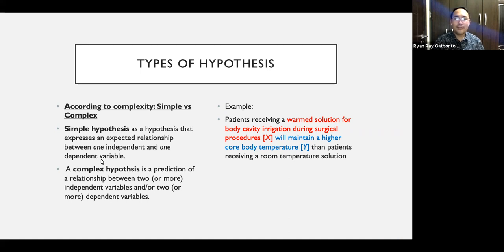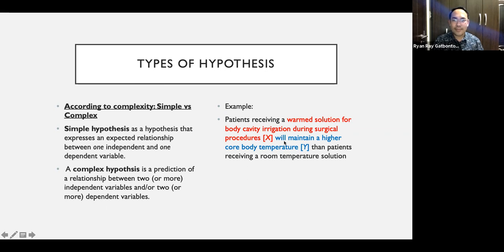For example, on this slide, you can see that this is a simple hypothesis, because there's only one independent variable, which is the warm solution for body cavity irrigation during surgical procedures, signified by your X. And another variable is your dependent variable, which talks about maintaining a higher core body temperature.